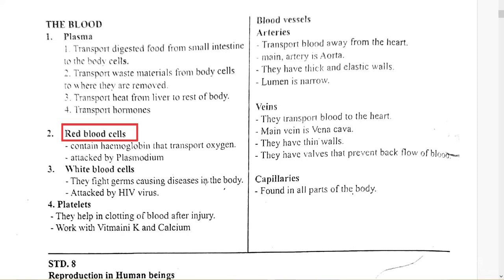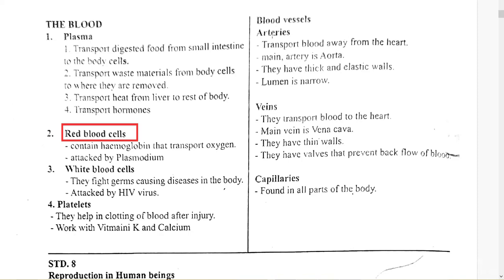So the function of the red blood cells is to transport oxygen in the body. The function of the white blood cells is to fight germs that cause diseases in the body. Platelets help mainly in blood clotting after an injury. Work with vitamin K and calcium. Very important to know.